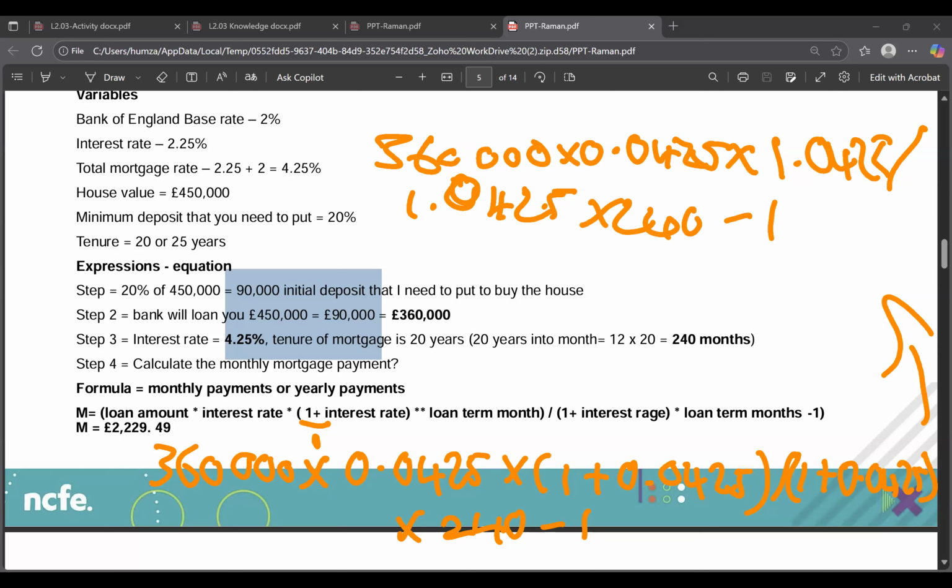360,000. Let me get my calculator. 360,000 multiplied by 0.0425 equals 15,300.